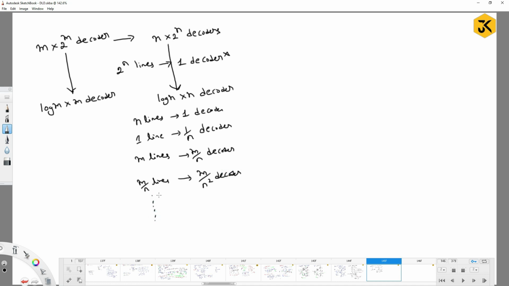So you are going to get n levels or k levels. After k levels, you are going to get the value m/n power k, where this value will definitely be less than or equal to 1. If I calculate this, the k value is definitely going to be greater than or equal to log m to the base n.